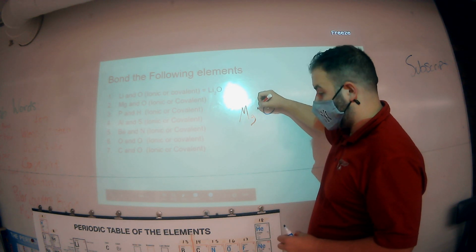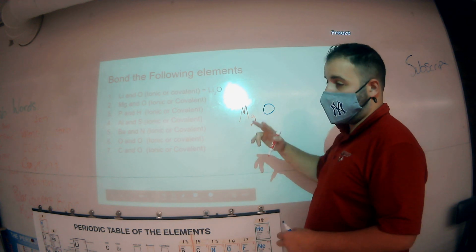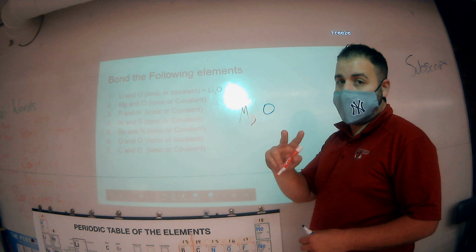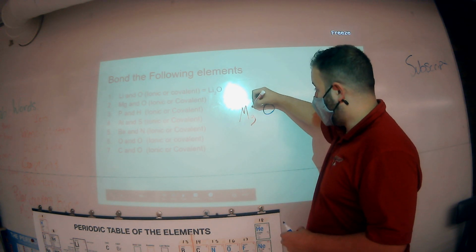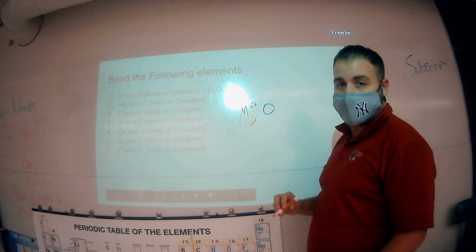Magnesium's oxidation, because it's in group 2, has 2 valence electrons. It's going to want to lose those 2 valence electrons to gain a charge and oxidation level of +2.